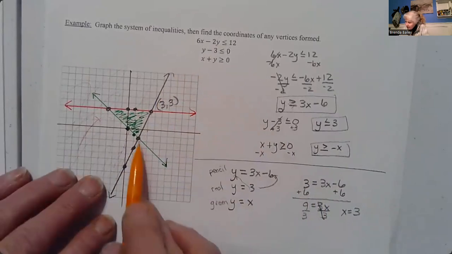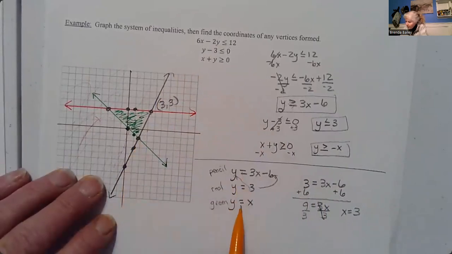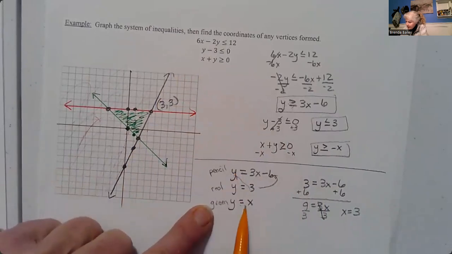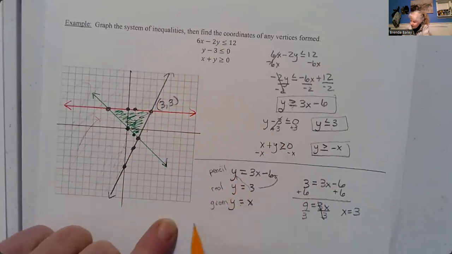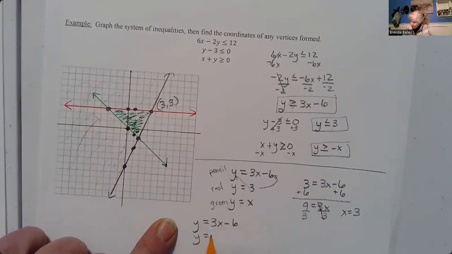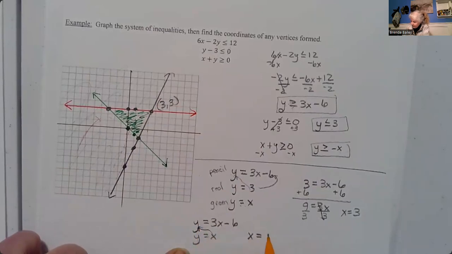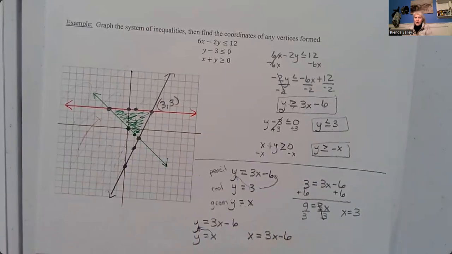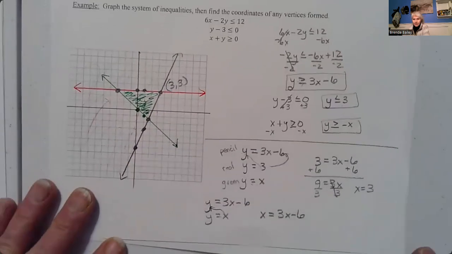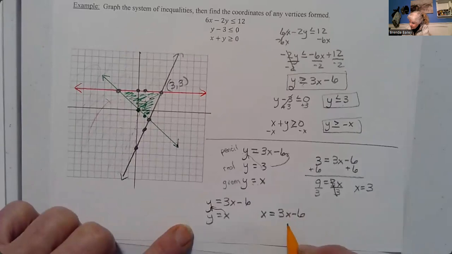Now we want the pencil and the green. Well, for the pencil and the green, the y and x mean the same thing. So if y is x here, I'm going to use these two equations. If y is equal to x, I'm going to substitute it in right there and solve it for my x. So I'm going to subtract 3x. Let me get another piece of paper.